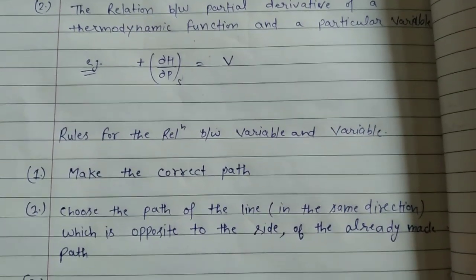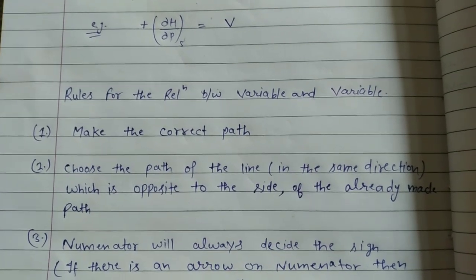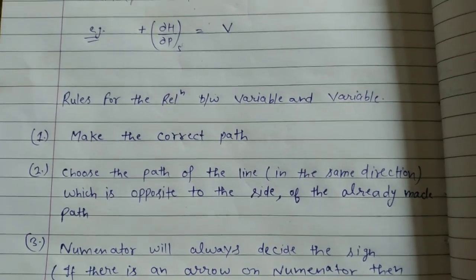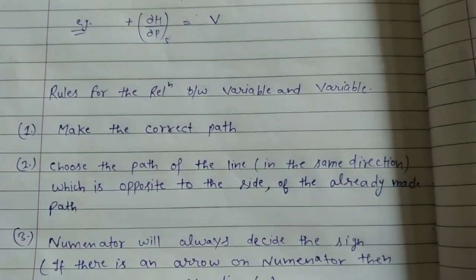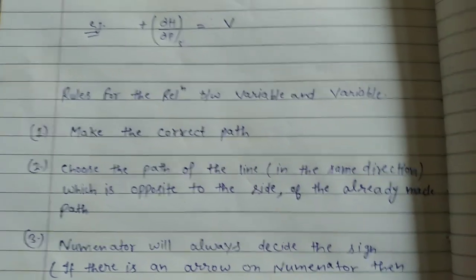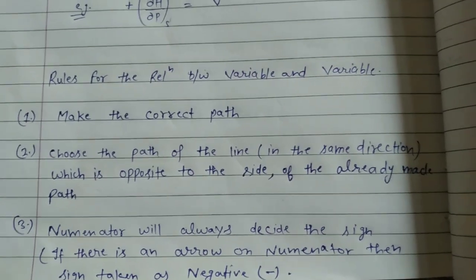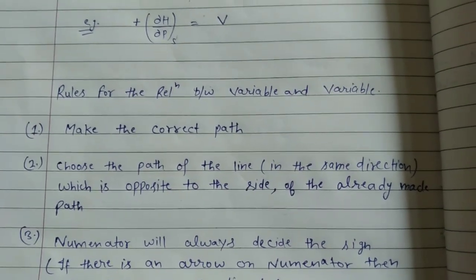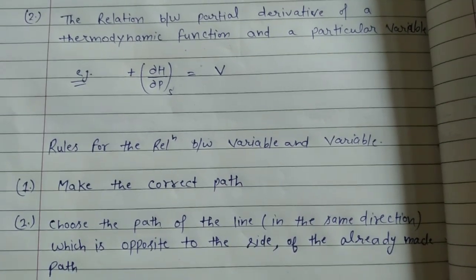And for the sign, the numerator will always decide whether we write a plus sign or a minus sign. If an arrow is on the numerator side, then we take the sign as negative, otherwise we take the sign as positive. Things will become more clear when we solve more questions.